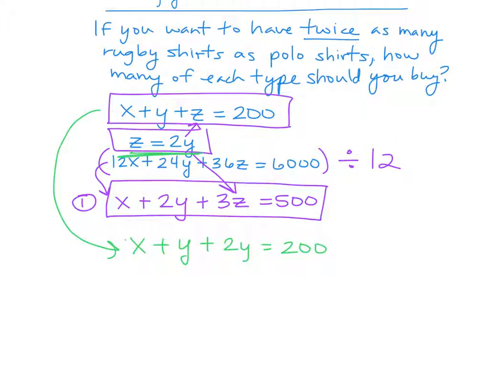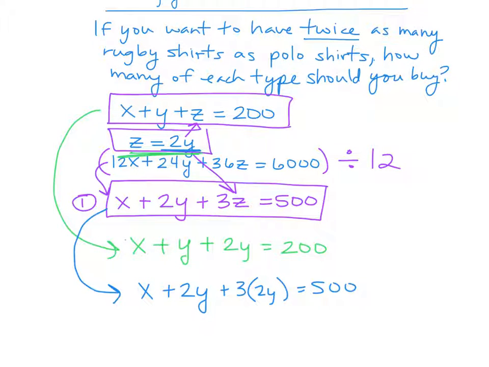Now we substitute the 2Y in place of Z here. So it's going to be X plus 2Y plus 3 times 2Y equals 500.